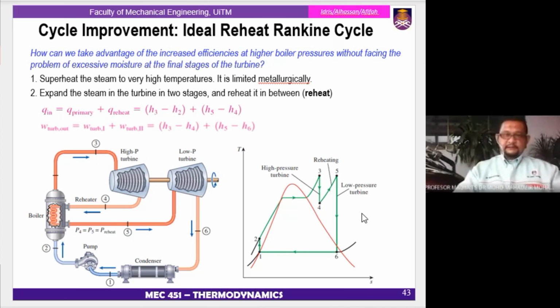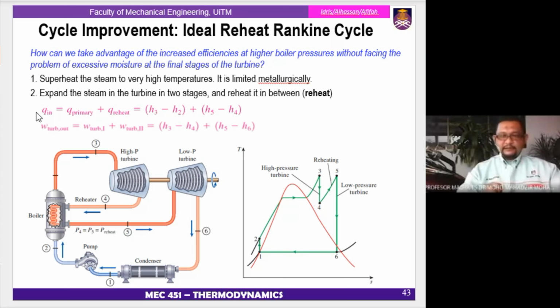To analyze this, you need to consider Q in, because as you see in this TS diagram, there are 2 turbines, and in between them there is also the reheater. In this system there is one reheater, but it has 2 functions.